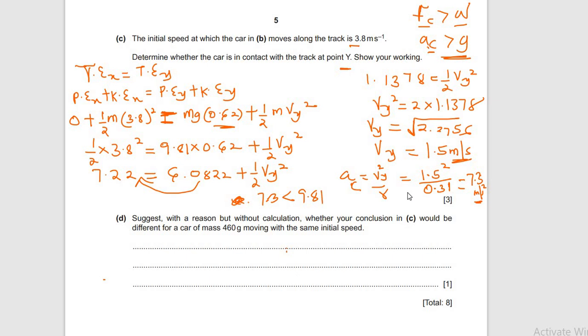Which means, to determine whether the car is in contact, the answer is no. It's not in contact because the centripetal acceleration is less than 9.81. That's the answer. Let's move to the next one.